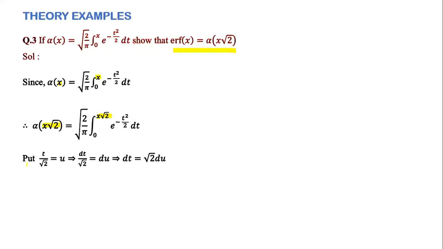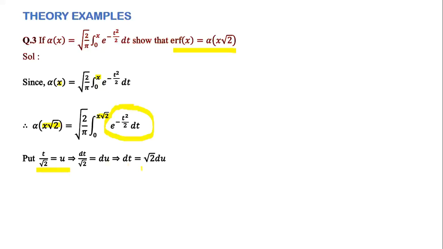Now we will show that this value is equal to the error function of x, that means our LHS. To convert this integral in terms of error function, we have to adjust here the e raised to minus u square term. Same logic we already used in the previous question. So to adjust this, we put t by root 2 equal to u, that is dt by root 2 is equal to du.